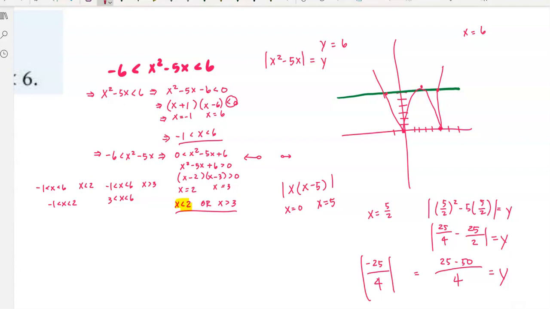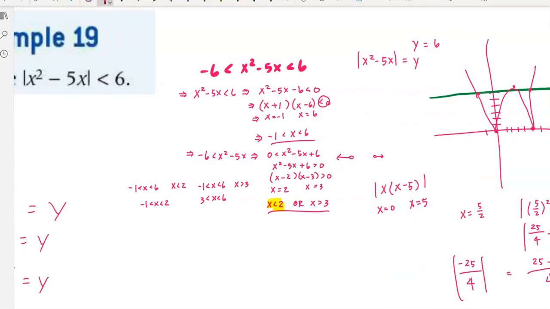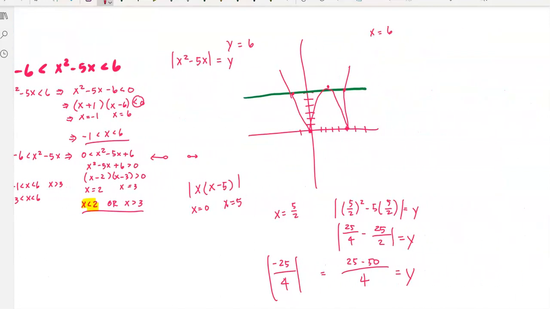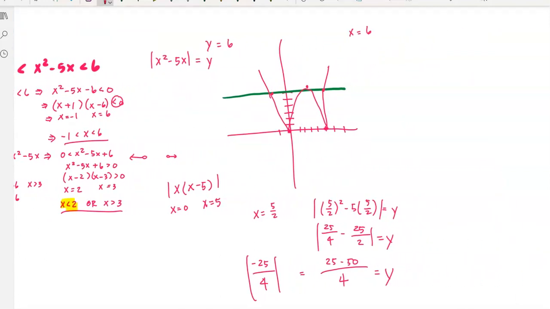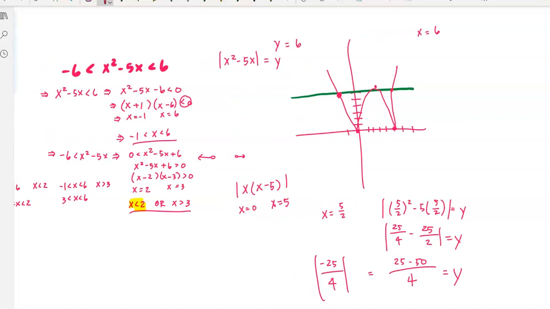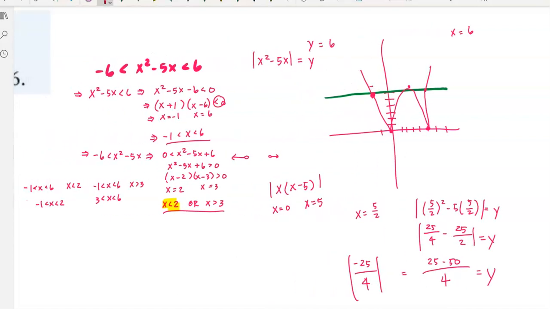So when you have this, you know that 6 has to be greater. So it's all of this underneath here. It's going to be from negative 1 right here to 1, 2, somewhere here, and then from 3 to 6.